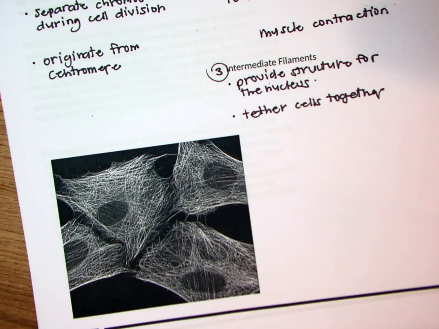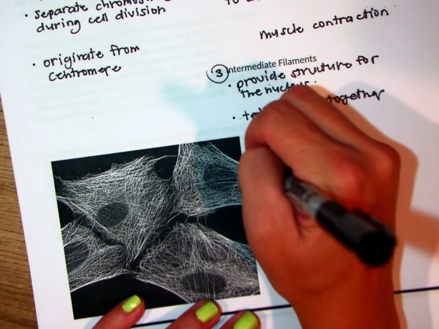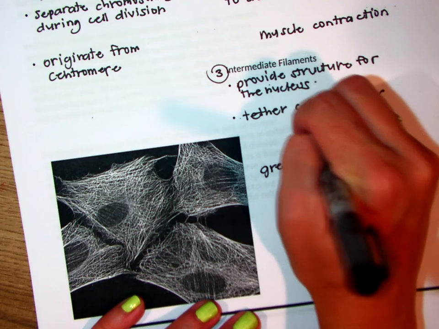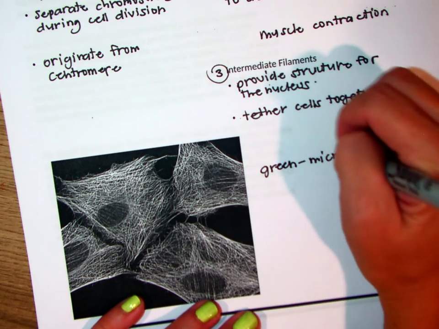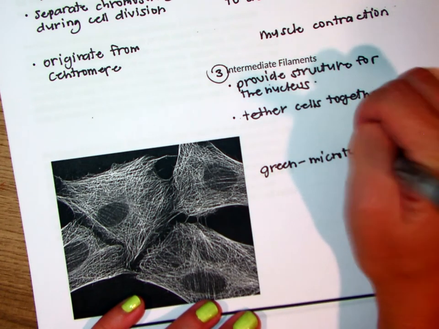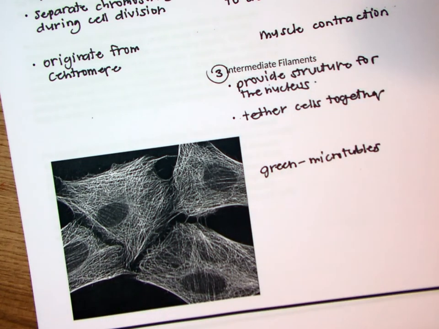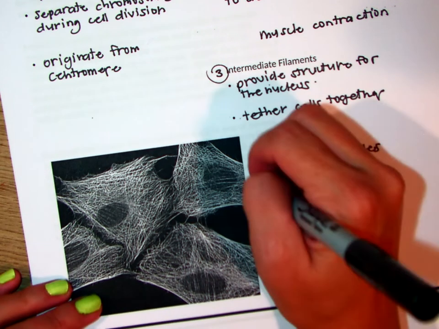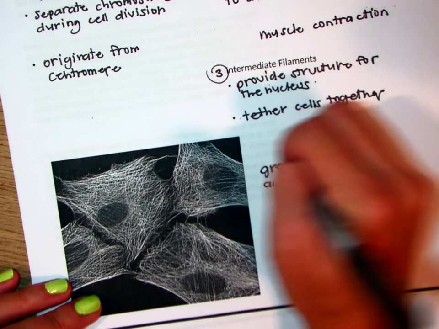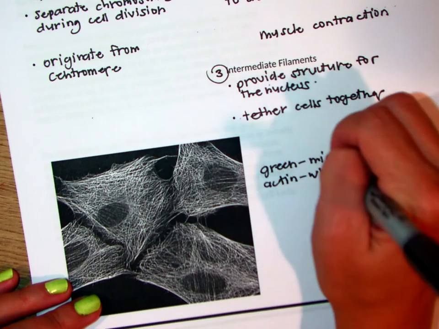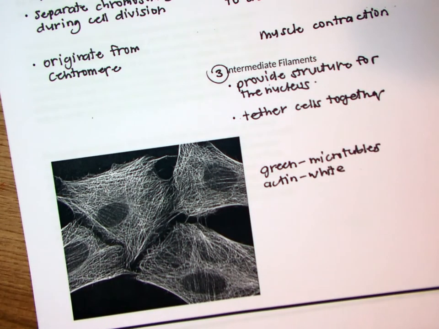So I don't have the color copy, you guys probably do, but here we have 1, 2, 3, 4 cells, and the green is showing the microtubules, which again help maintain the shape of the cell. They provide the highway system, help separate the chromosomes during cell division, and the actin is white, which is going to be lining the periphery of the cytoplasm and help with cell walking.